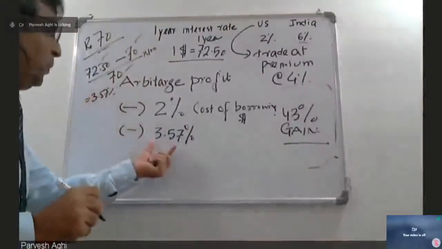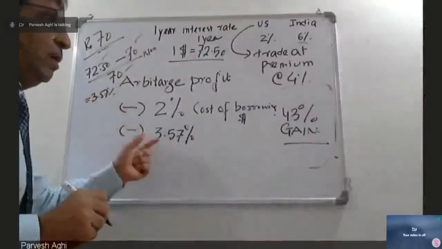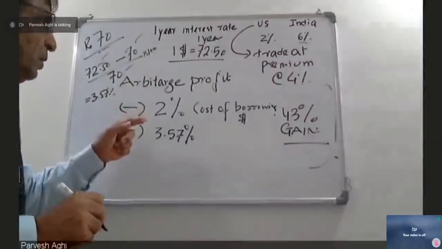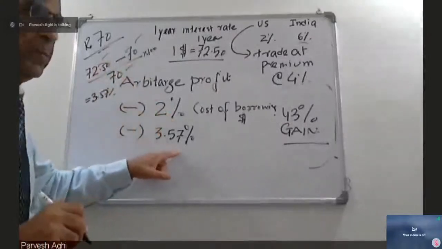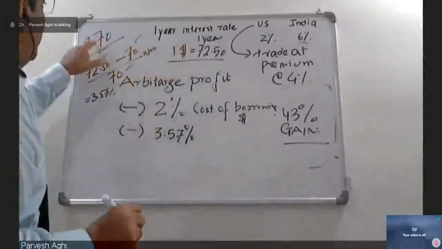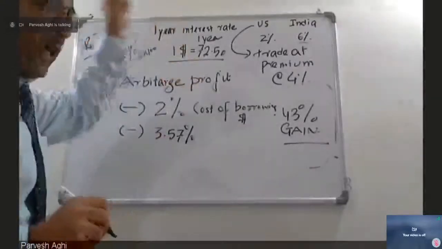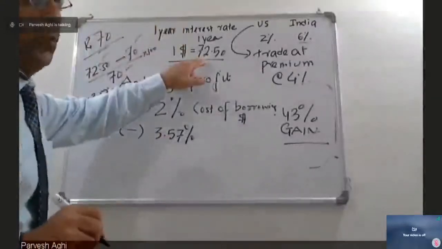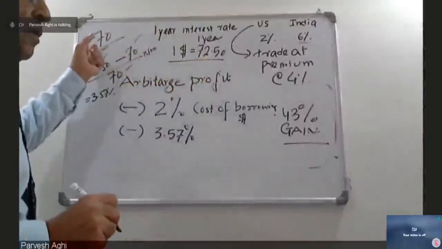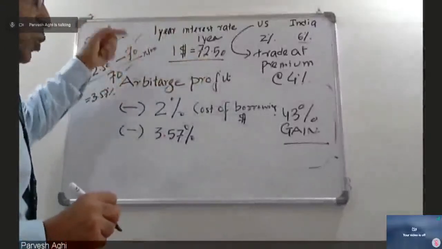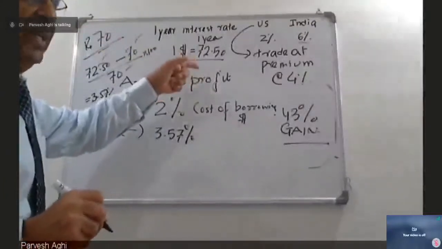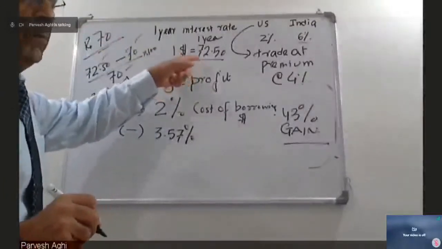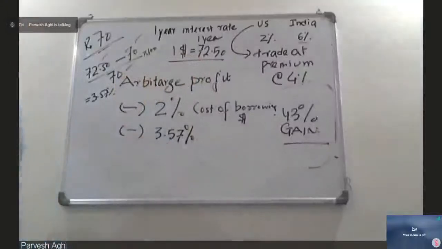So this 3.57% is actually from the dollar point of view. He is losing money, because he bought the rupee at 70 and is taking his dollar back at 72.50. He got $1 when he borrowed $1 in America, but when he takes this money back, he'll be getting less than $1 for the same amount. So he loses 3.57%.